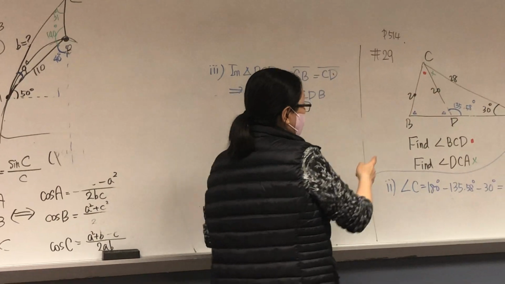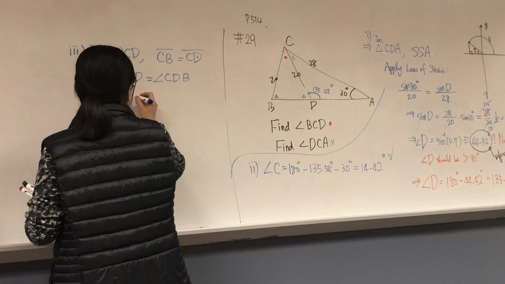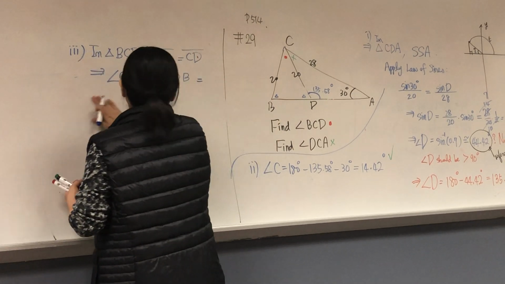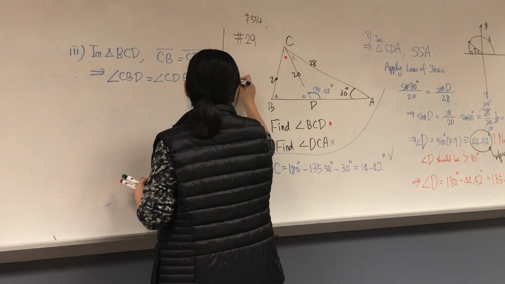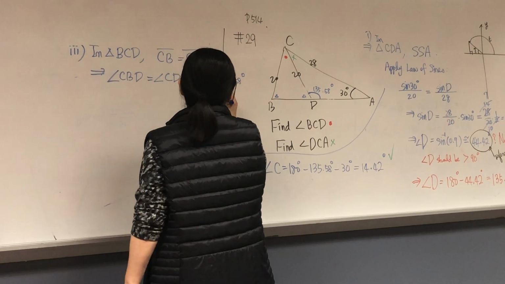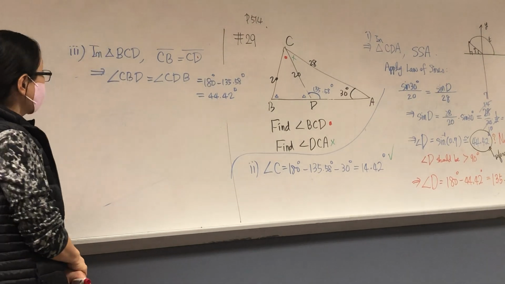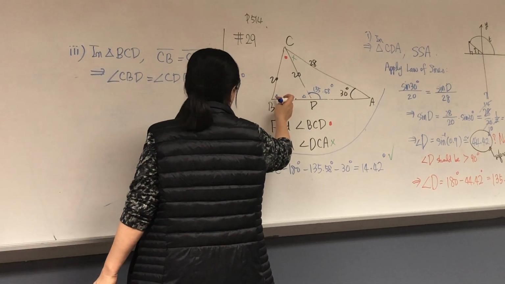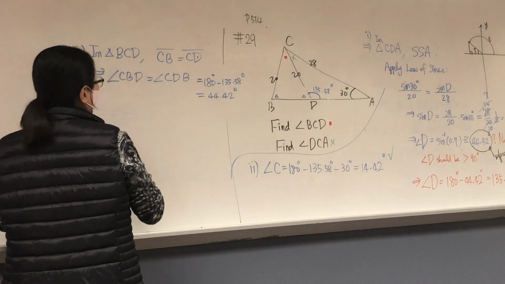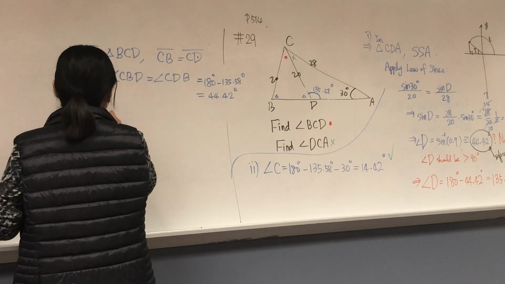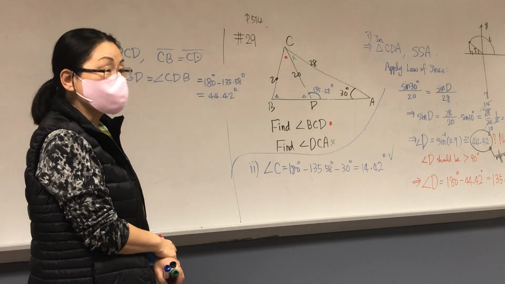Here, you already know this angle: 180 minus 135.58, which is 44.42. So this is 44.42 and this is 44.42, the same, because it is isosceles.